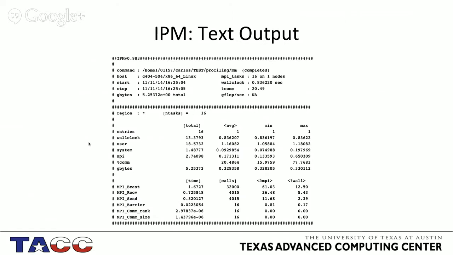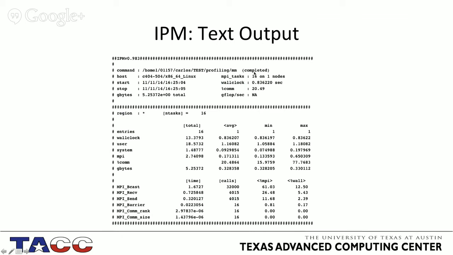So this is an example of typical output from IPM. What you're going to see is what command was used. In this case, I was using a really badly implemented parallel matrix multiply that sometimes I use for profiling examples.